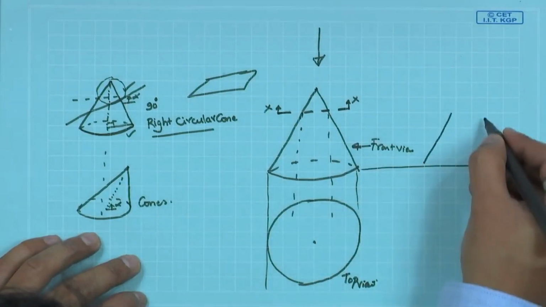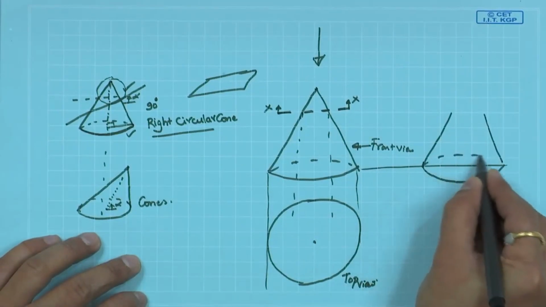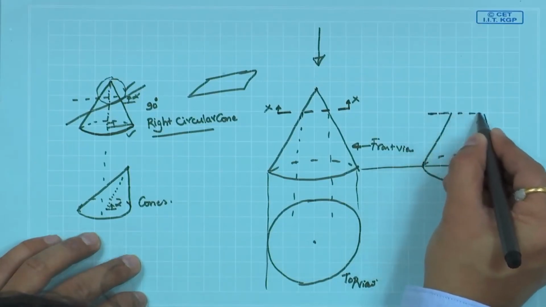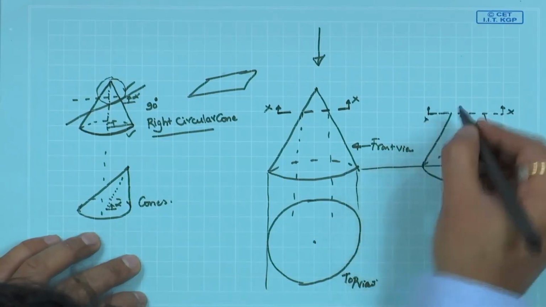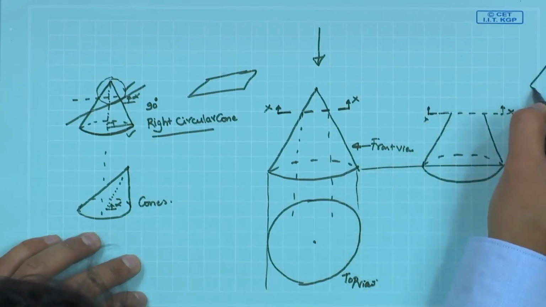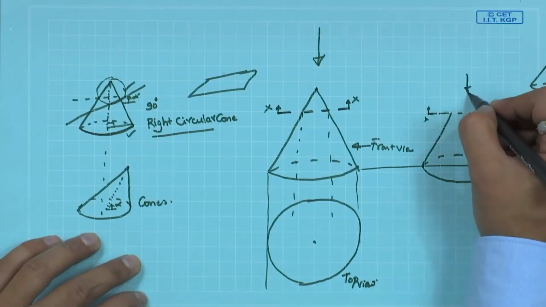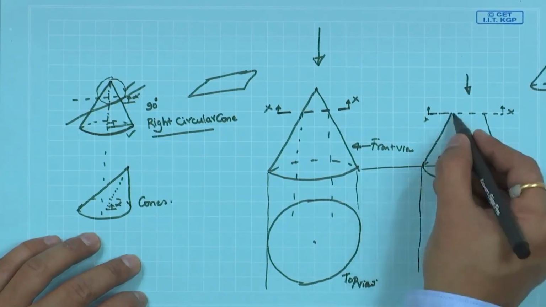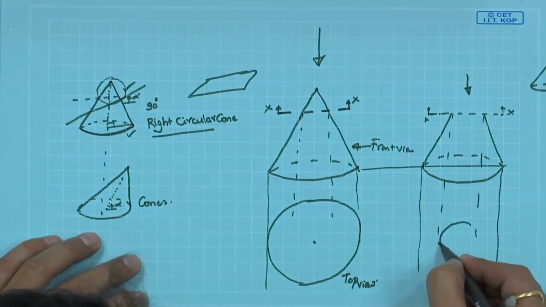so that if we remove that top portion, perhaps this part we have removed by section XX, and the remaining part perhaps is kept there. So, if we are looking from the top view for this cone, again this part we see like a circle.